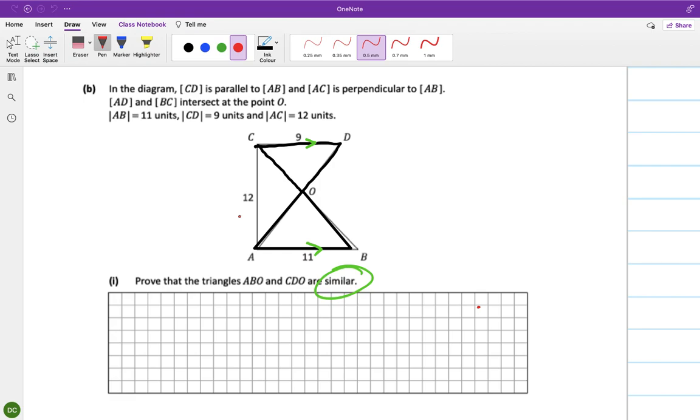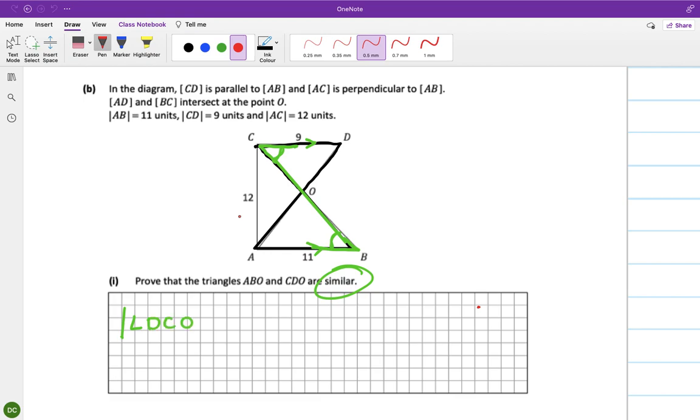We'll wait patiently for it to appear. That, which means that this is equal to this. So let's name that. So angle DCO equals angle ABO because they're alternates.